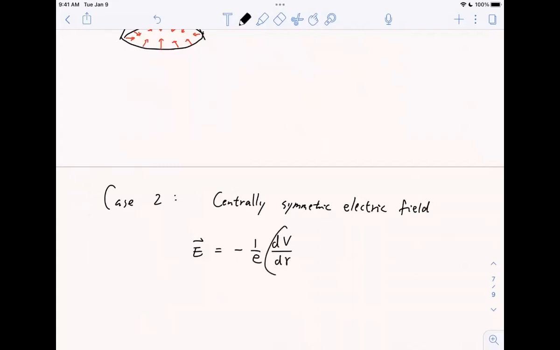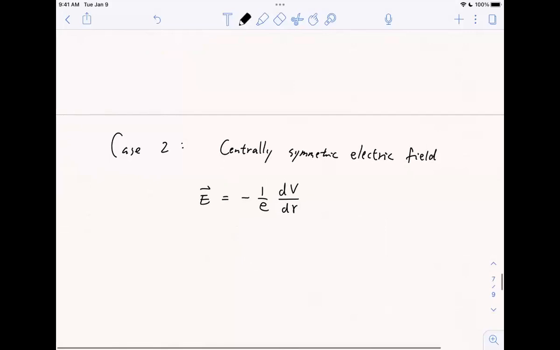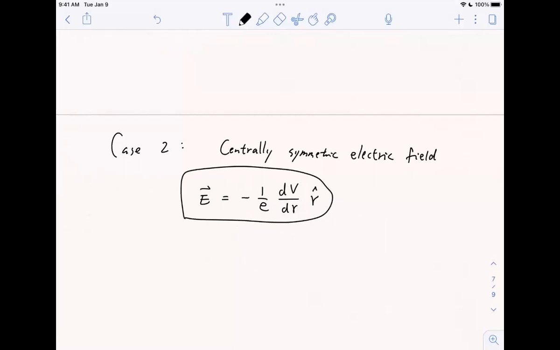Basically you have a potential energy. You do the derivative, then you get the force, then you divide by the charge, then you get the electric field, right? The negative is the force, pointing in the R direction. So this is the general form for the centrally symmetric electric field.